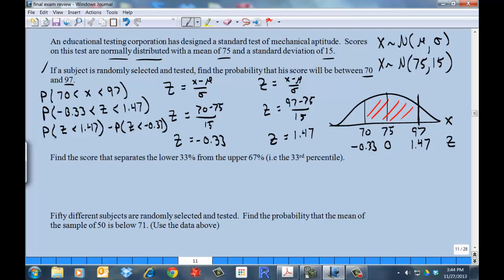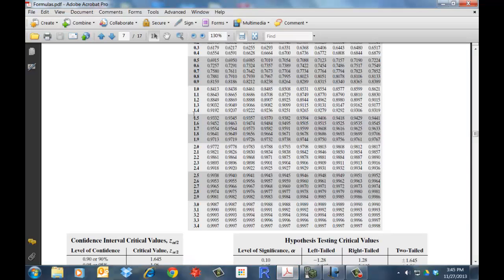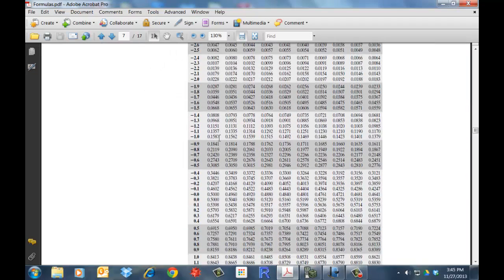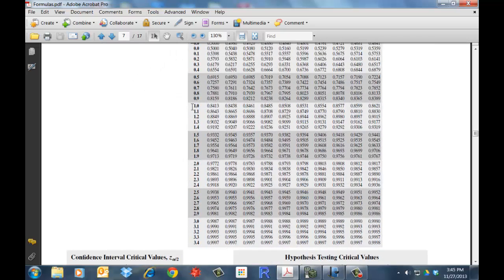Now we have to look up positive 1.47 from table 5. So let's go over to table 5 and look up the z-score of 1.47. So 1.4, then 0, 1, 2, 3, 4, 5, 6, 7 is 0.9292.